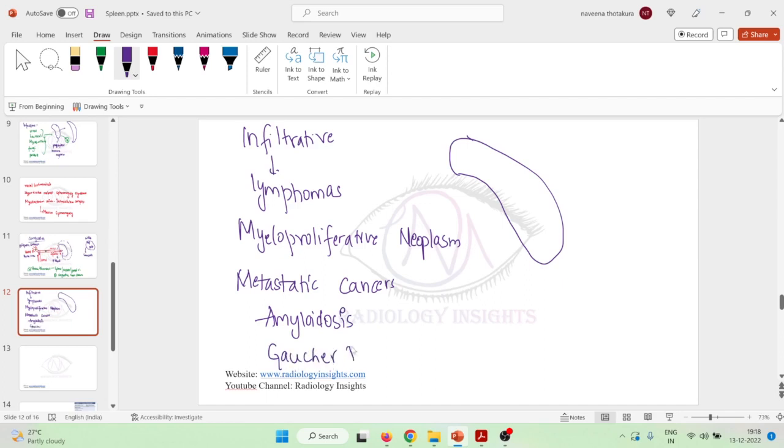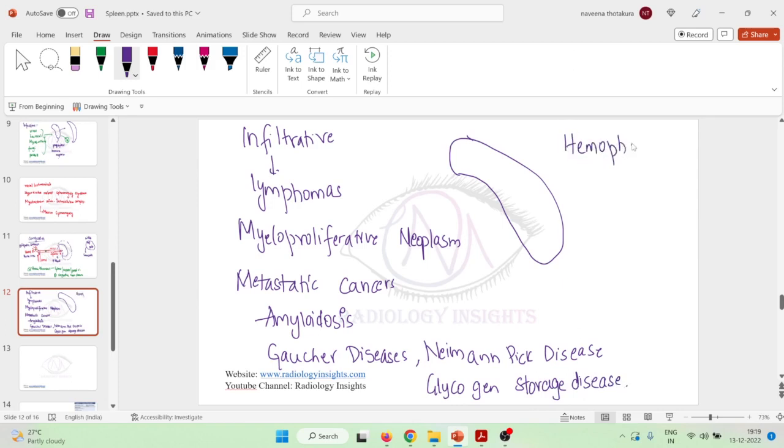There can be Gaucher's disease, where some lipids get deposited, or some sphingolipidoses like Niemann-Pick disease, or there can be glycogen storage disorders where the intermediates of glucose metabolism are deposited in the spleen, or there can be hemophagocytic syndrome, or Langerhans cell histiocytosis.